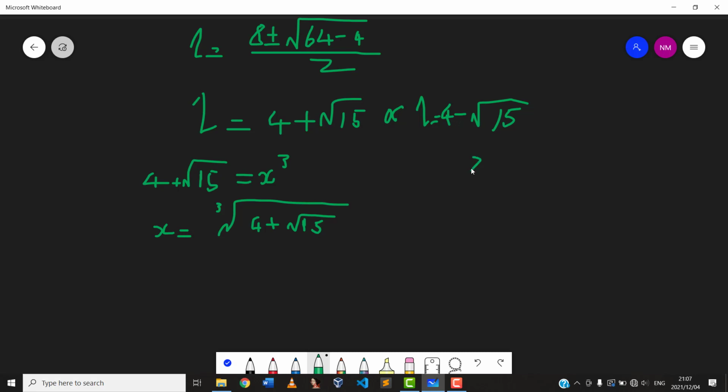So x cubed, and x would be equal to cube root of all of that. So there you have it, people. So that's it. Let's do one final example.